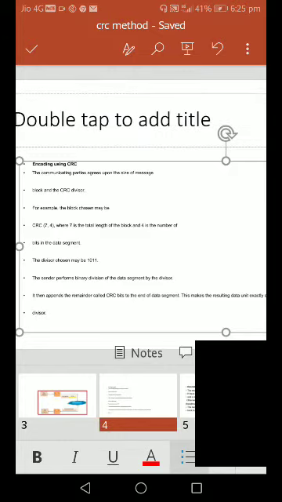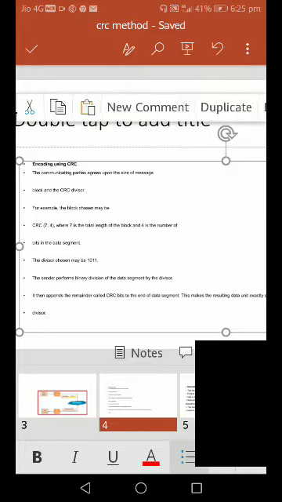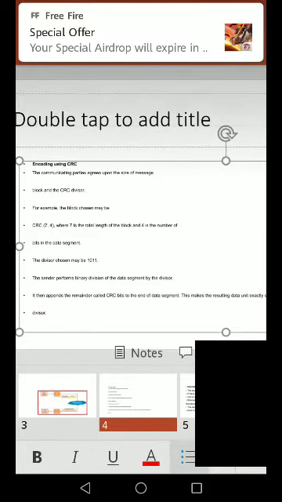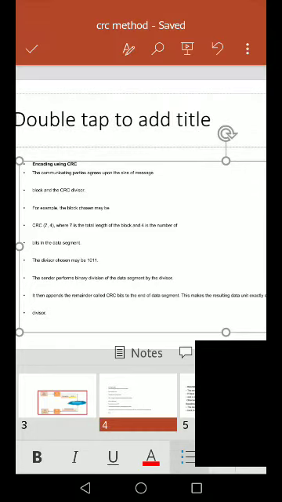The remainder is called the CRC, cyclic redundancy code bits, and it is appended to the end of the data segment.